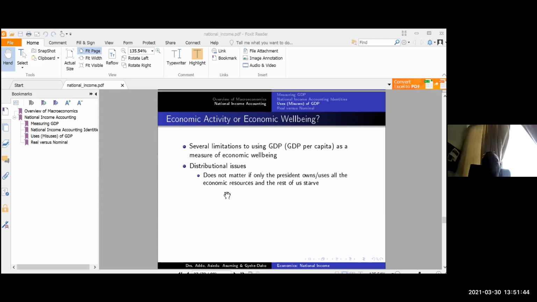If the gap between the rich and poor is, say, 50 Ghana cedis, maybe it's not a big deal, right? The poor earns 50 Ghana cedis, the rich earns 100. But as the output increases, the rich is now moving to 10,000, and the poor has stagnant income, still at 50, with even a lower purchasing power because prices are increasing, because some people have a lot of money.